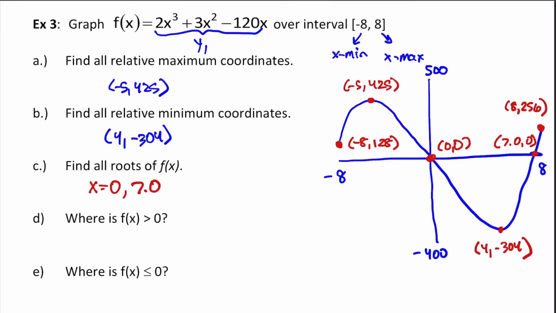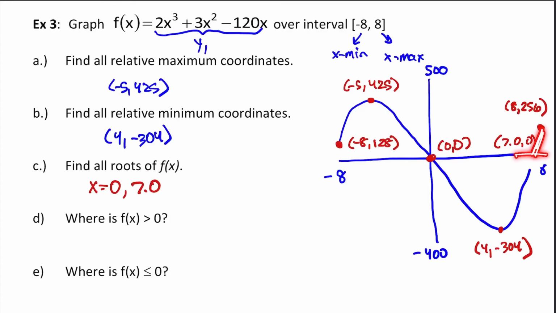Where is f of x that's greater than 0? So remember, greater than 0 means above the x-axis. So notice, all of this is above the x-axis. Not that point, though. So that's got to be open circle, but this one's got to be closed because that's above. And this here, oops, just erased that by accident.